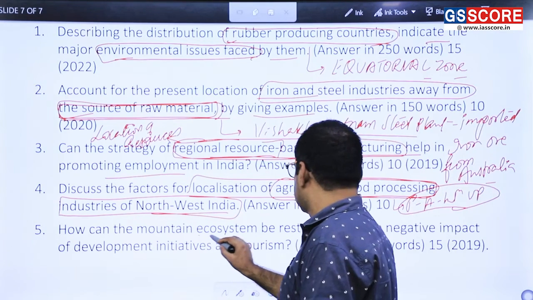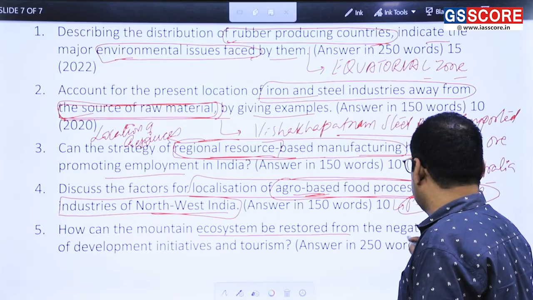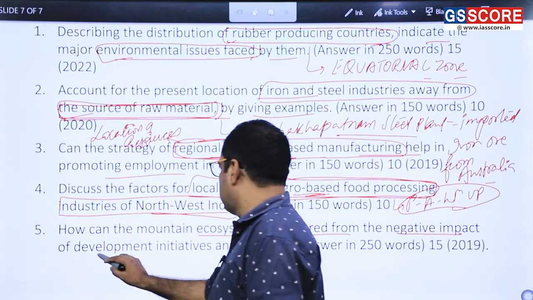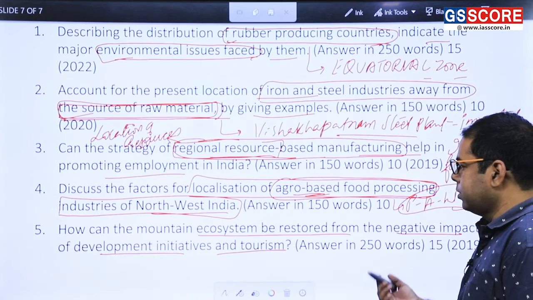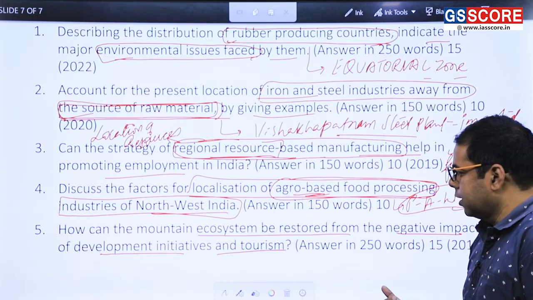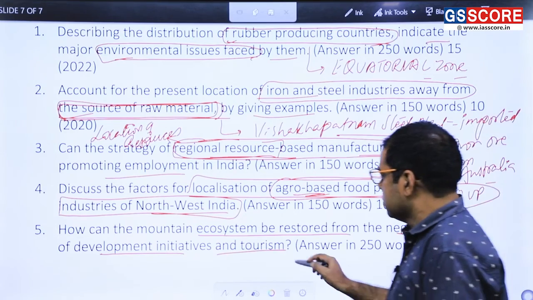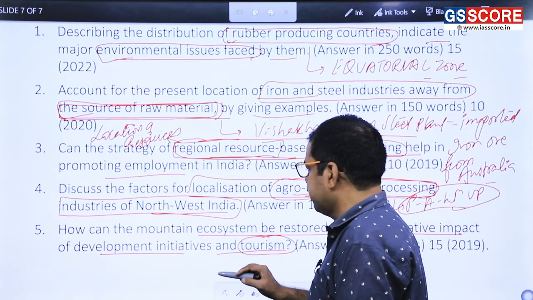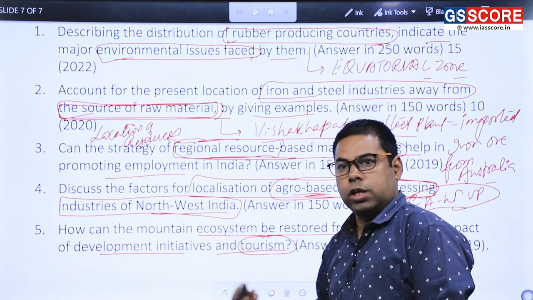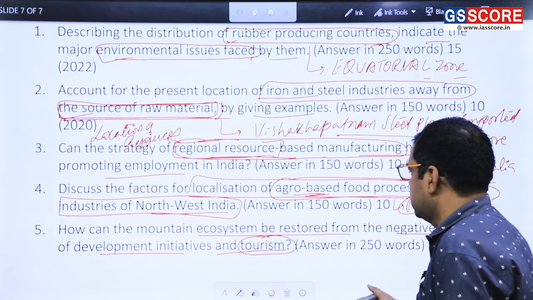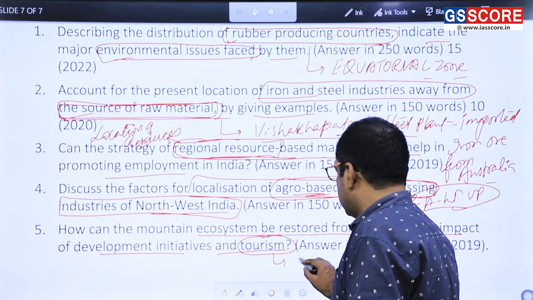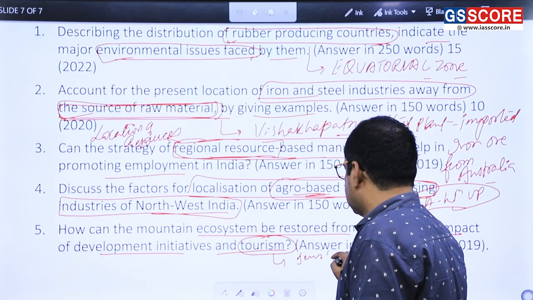How can the mountain ecosystem be restored from the negative impact of development initiatives and tourism? I have taken this in this section because tourism is a service sector, and it can also be included in the part of environment. So this is the overlapping part.